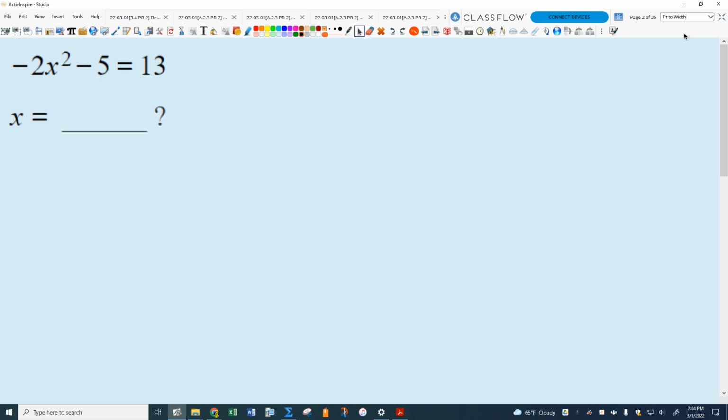What's the first step to solve for x? Add 5. Good. So first things first, and then that's going to give us negative 2x squared equals 18, right?